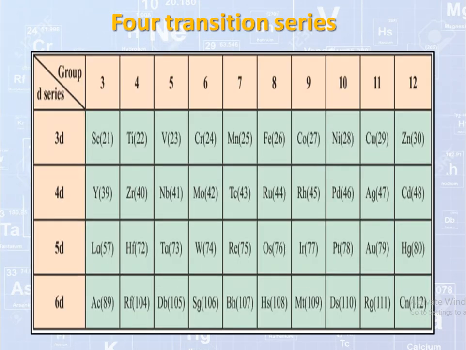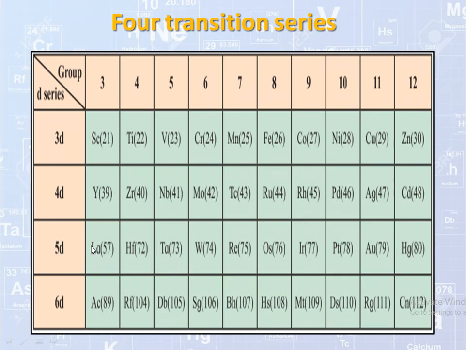So here the first series is the 3d series, which consists of the elements from scandium to zinc. The second series, known as the 4d series, consists of the elements yttrium to cadmium. This is the third series, known as the 5d series.